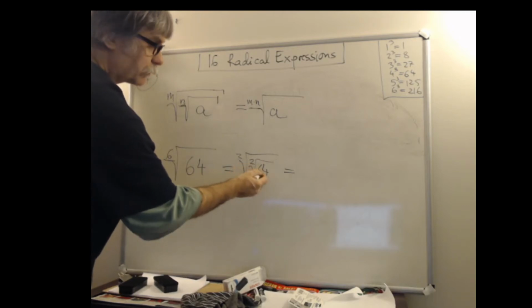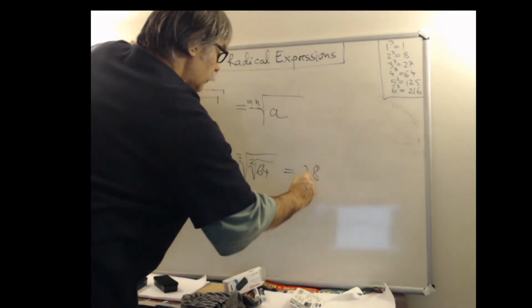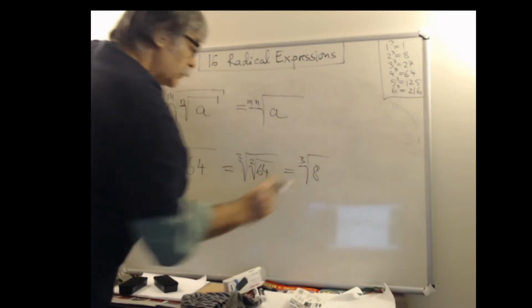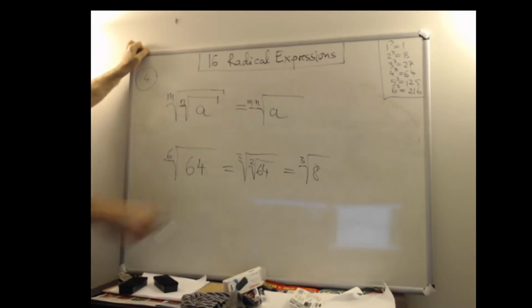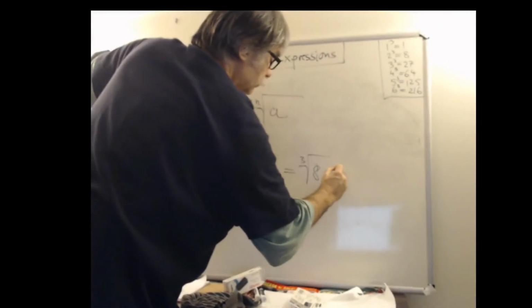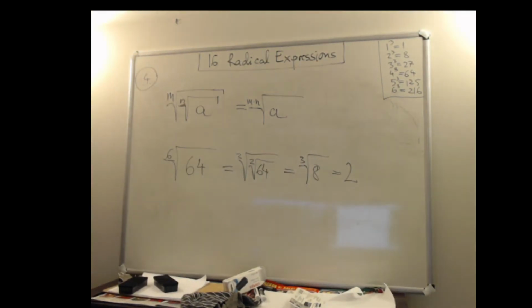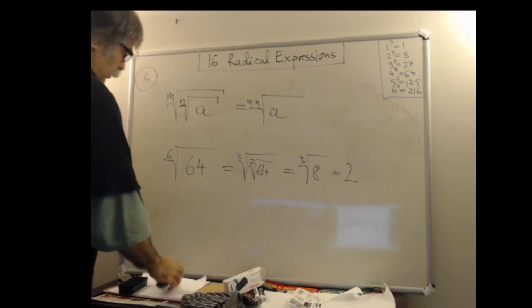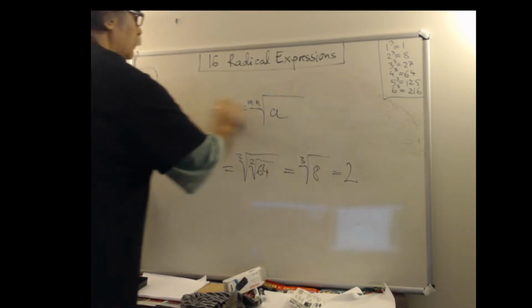Square root of 64 is 8. And now you need to make the cube root of 8. And that will be 2. Alright? So I'll just use this property. Not particularly revealing, but good enough. Okay? So that's the place I want to use it.